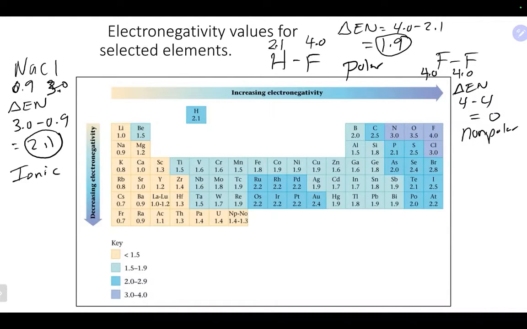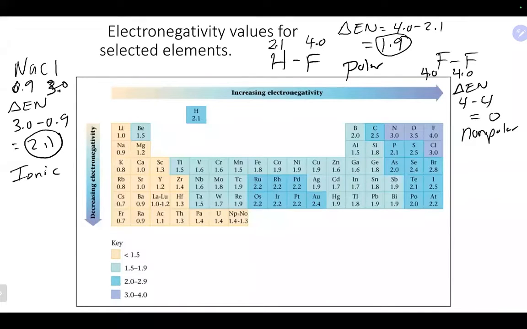By the way, when you do get a difference of 0 in terms of electronegativity, that is what I was talking about earlier, is considered a pure covalent bond. That's like your perfect equal sharing of electrons. Why is perfect equal sharing versus something that has a difference of 0.4? 0.4 is still considered non-polar and is still considered equal sharing of electrons.